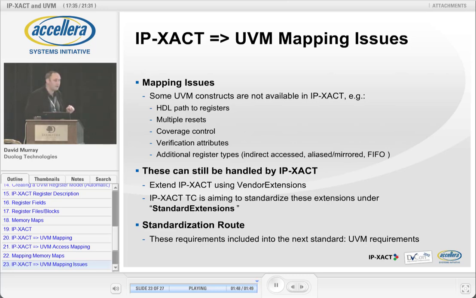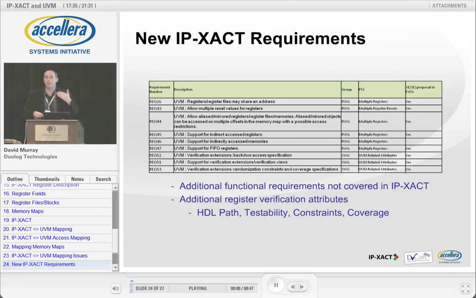Also, we're going down the standardization route. Roughly a year ago, coming from the VIPTC over to the IP-XACT TC, we brought all these requirements from the VIPTC about what UVM wants to see in IP-XACT. All these requirements have been brought into the IP-XACT TC, so we're working on these currently.